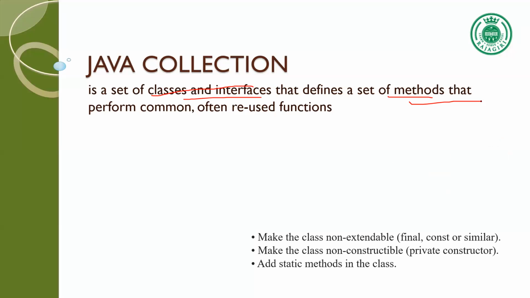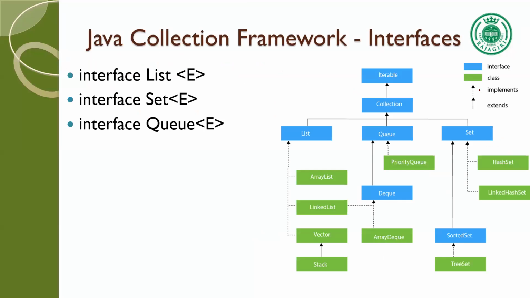Now I'll show you an example for that. Look here at this picture. I have a snapshot of the Java Collection Framework. As I told you, it can consist of both interfaces and classes.